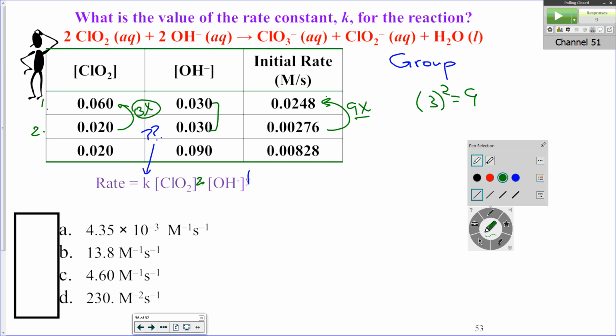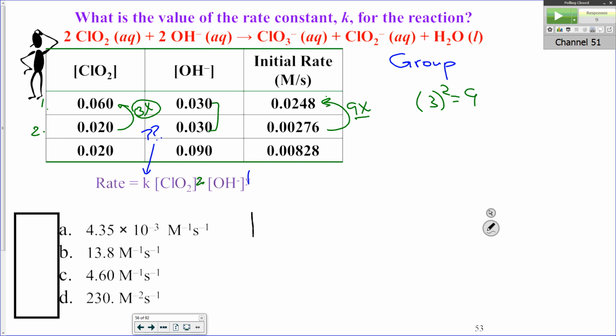Okay, so now I know the values of X and Y, the orders with respect to each reactant, and I can solve for K. K is equal to the rate divided by the concentration of each reactant raised to its power. It wouldn't matter which line I chose.